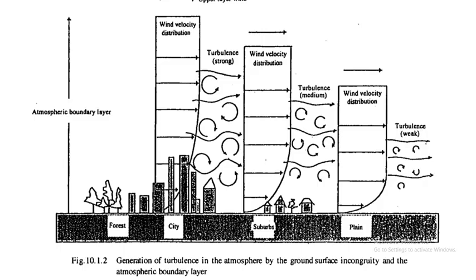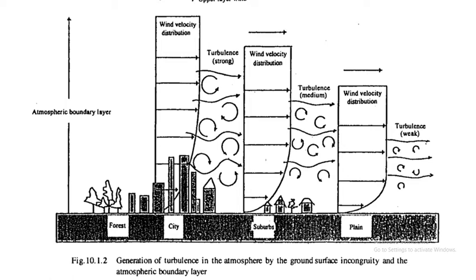Next one, atmospheric boundary layer. The wind blows around, over or through trees, forest, mountain and a cluster of high-rise buildings in cities. Irregularity of this ground surface is called roughness. The roughness disturbs airflow and produces eddies and turbulence, as shown in the figure.